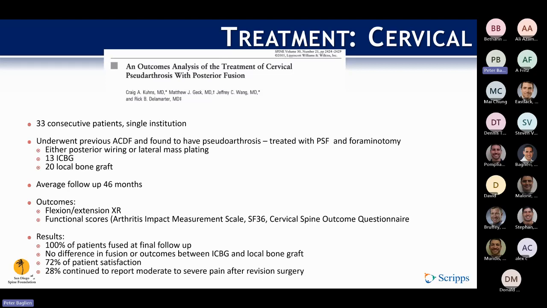There was no difference between iliac crest bone grafting versus local bone grafting. But they did note that there was pretty significant residual pain and poor satisfaction in this patient population, likely due to the pain that comes with the posterior spinal fusion. And so part of me wonders if the results of the previous study I just mentioned, those patients not going on to any sort of revision surgery, is due to the fact that they had increased pain and didn't want to go on to a subsequent surgery.